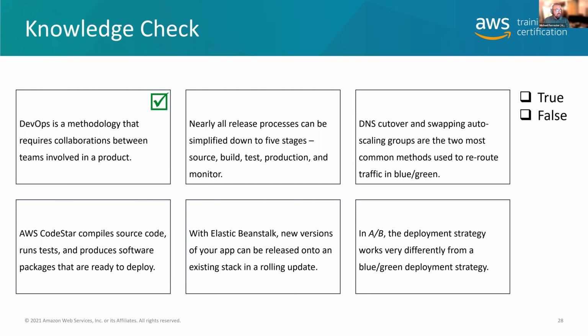That's actually true. Actually, you could distill them down to that. Okay, let's see if this makes sense. DNS cutover, which is just pushing the URL to another IP address, and swapping auto-scaling groups are the 2 most common methods used to reroute traffic in a blue-green deployment model.